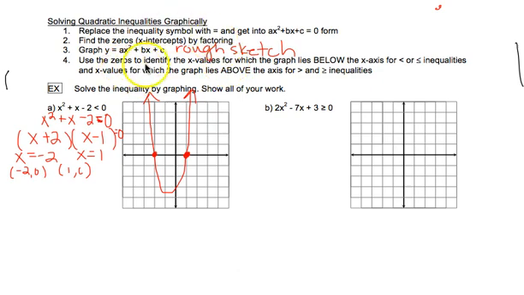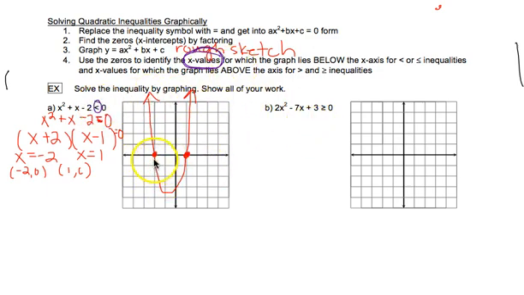So we need to now identify the x values, and this is huge because I get so many people who try to do y values, but it's x values for which the graph lies below the x-axis if we have a less than or equal to, or above the x-axis if it's a greater than or equal to. So we look at our symbol. Our symbol is less than, so that means below.